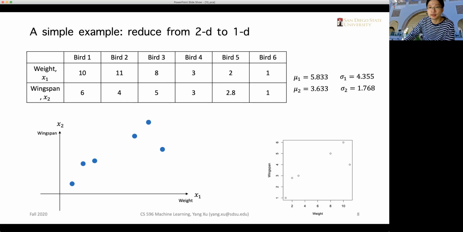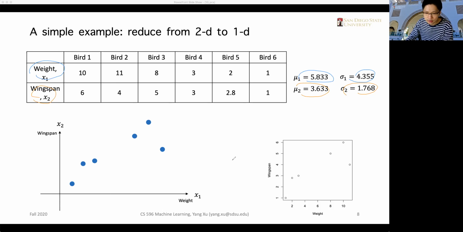All right. So given these two features, one thing we need to first compute is the mean and the variance for each original dimension. So the mean weight is 5.833, and the variance across all the weights is 4.355. And for the wingspan, we compute the mean and the sigma, which is the standard deviation.